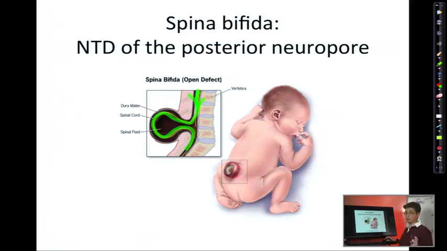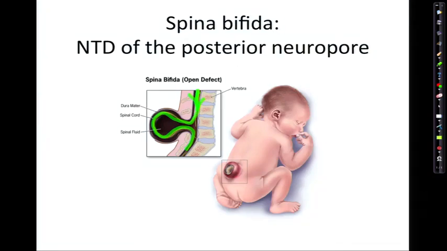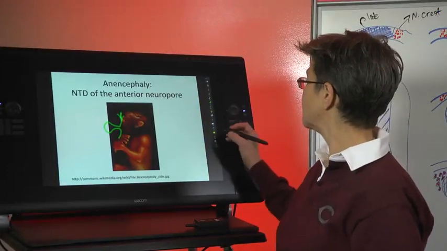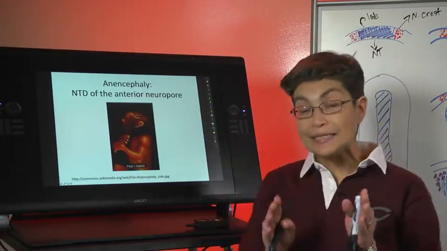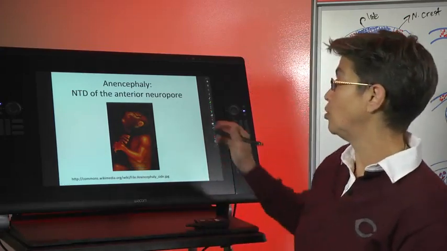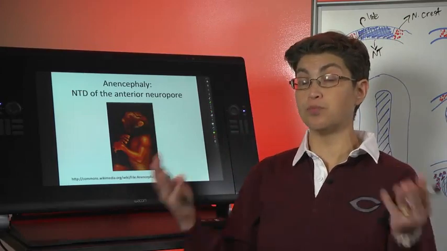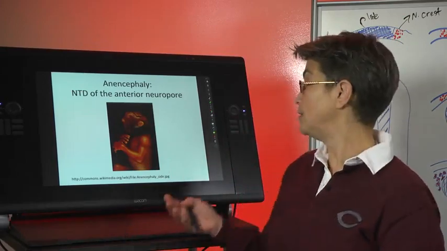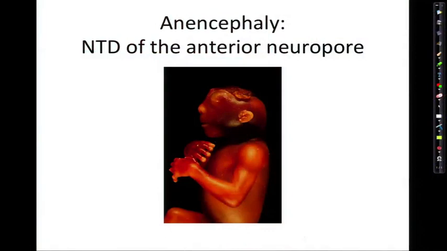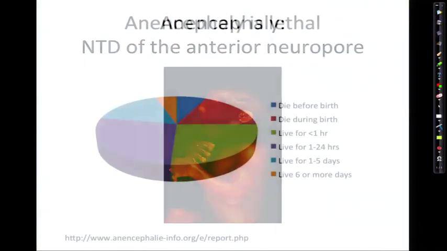The other type of neural tube defect is more severe and is consistently severe, and that is when the anterior neuropore does not close, and that causes something called anencephaly. There's no brain. All right, and this is an individual with anencephaly. It's a neural tube defect of the anterior neuropore.